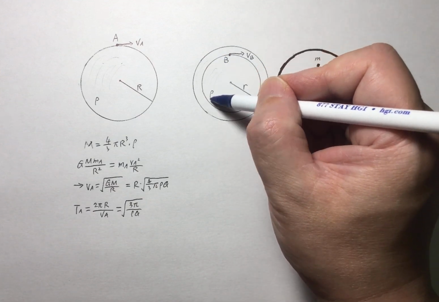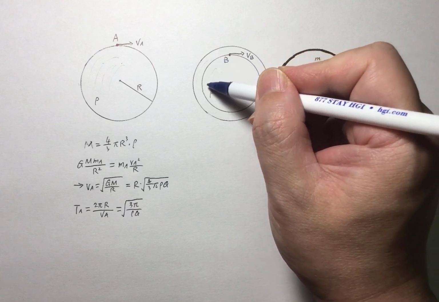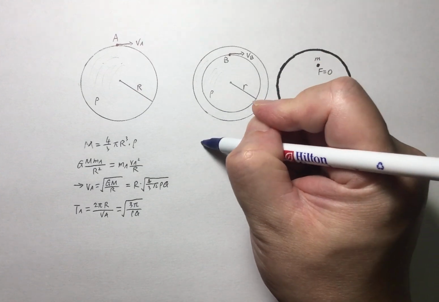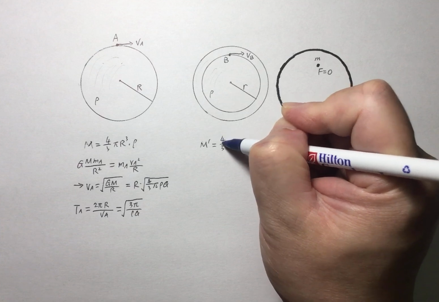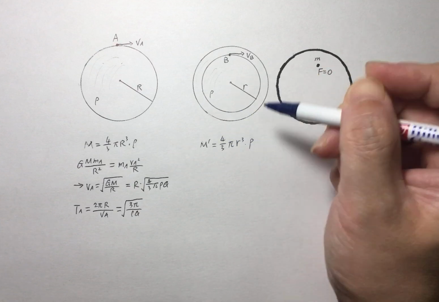So for the dust within a radius of lowercase r, the mass is M prime, 4/3 pi r cubed rho.